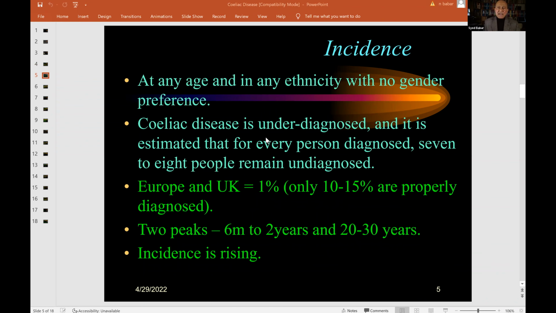Now, how often do we deal with celiac disease? And research tells us that it occurs at any age, usually in young people, of course, and even in childhood, and in any ethnicity with no gender preference. Although in some studies, female preponderance is reported.